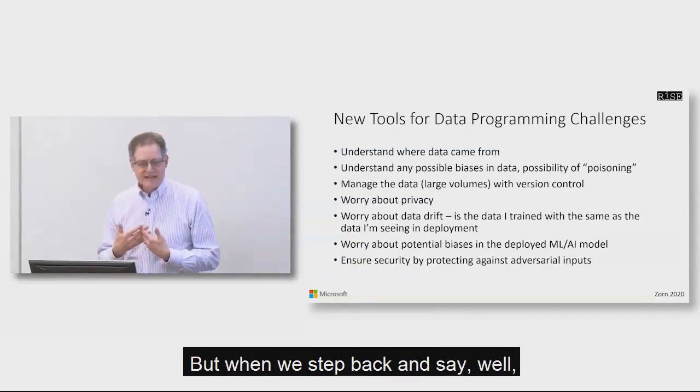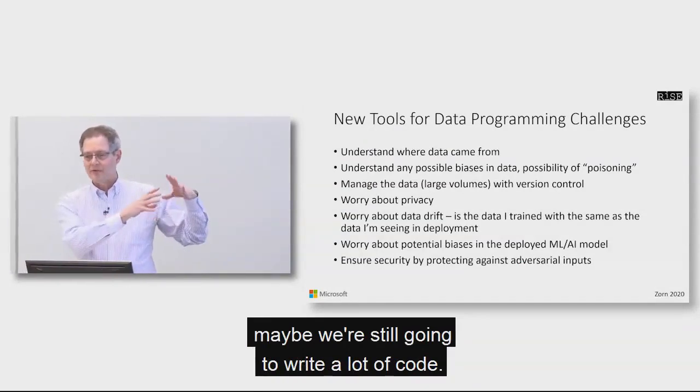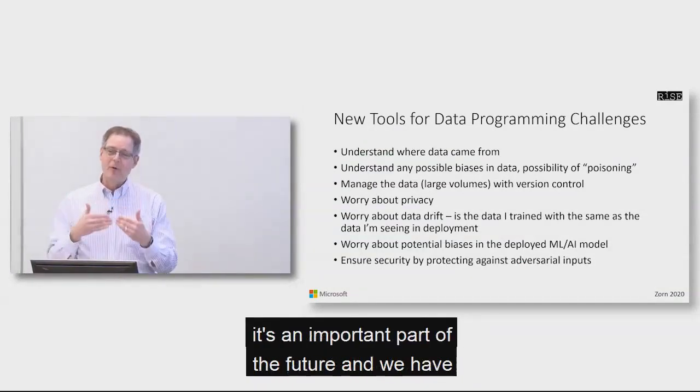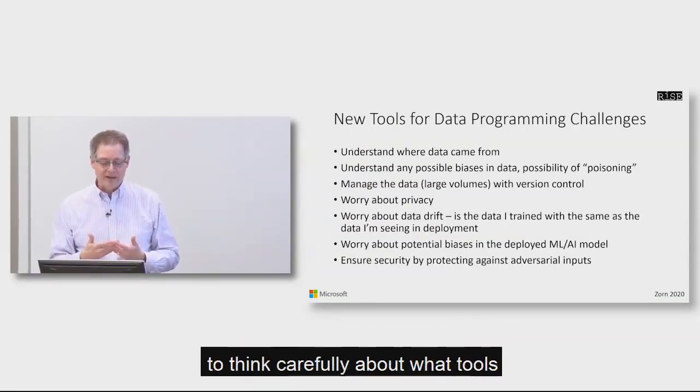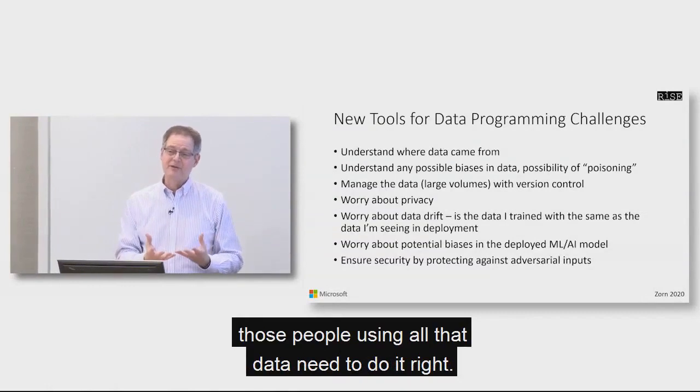But when we step back, maybe that's not the whole picture. Maybe we're still going to write a lot of code. But even if it's a small part of the future, it's an important part of the future. And we have to think carefully about what tools those people using all that data need to do it right.